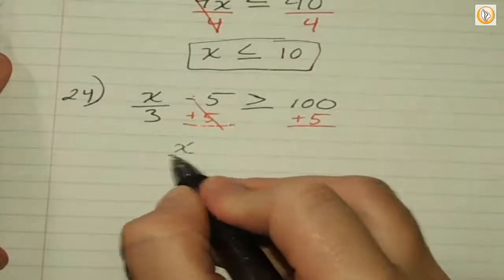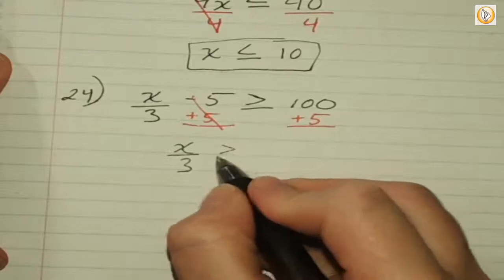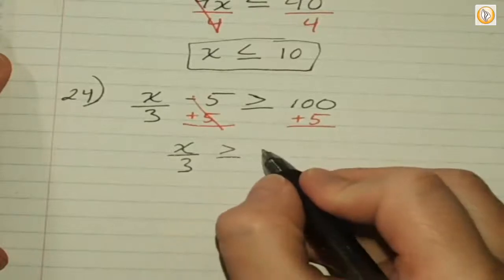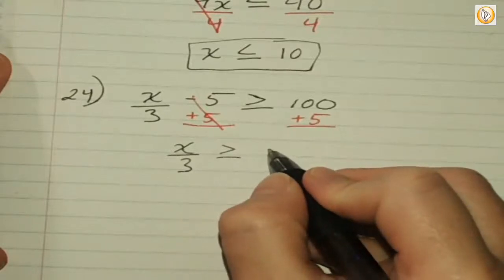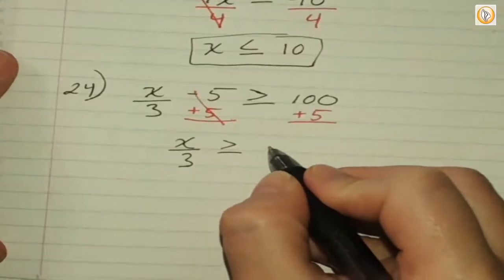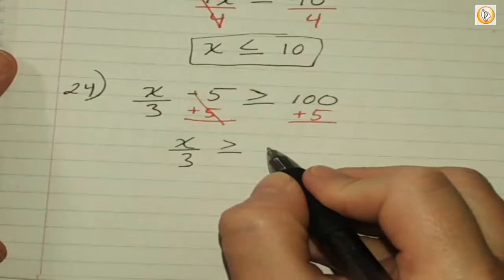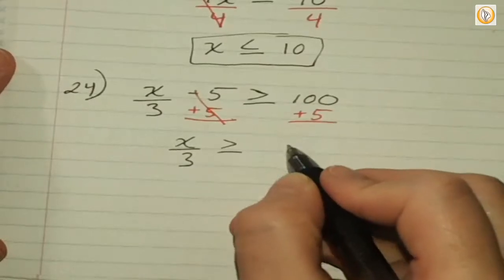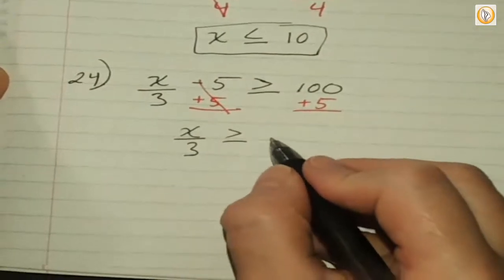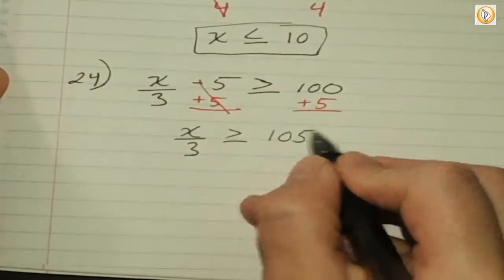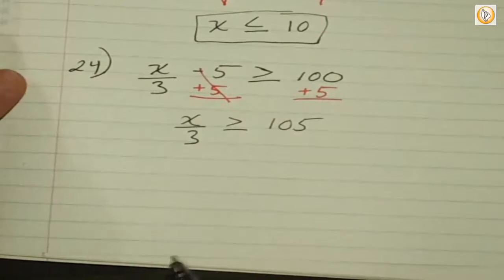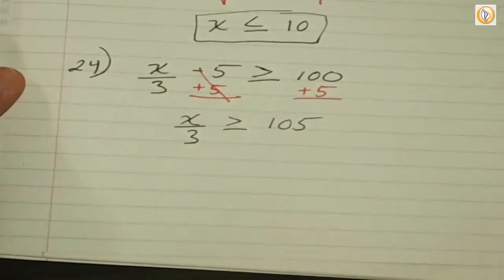And I get x over 3 is greater than or equal to what? 100 plus 5. My brain stopped for a second. Now what do I do?